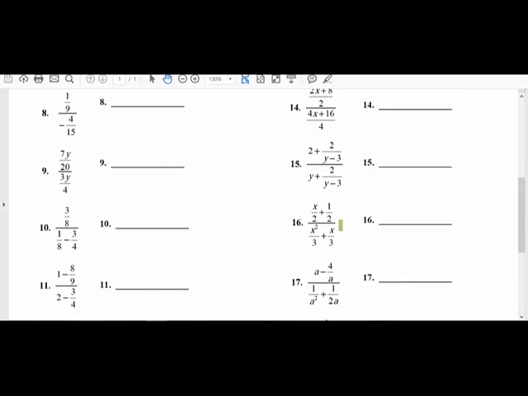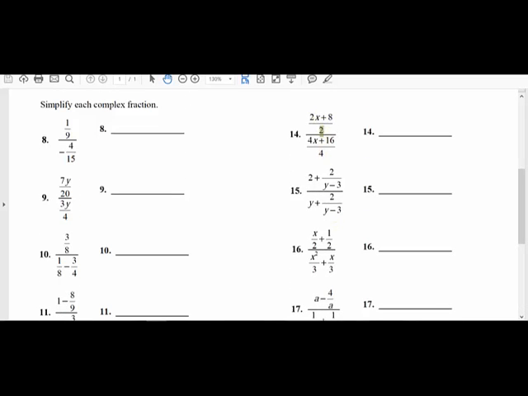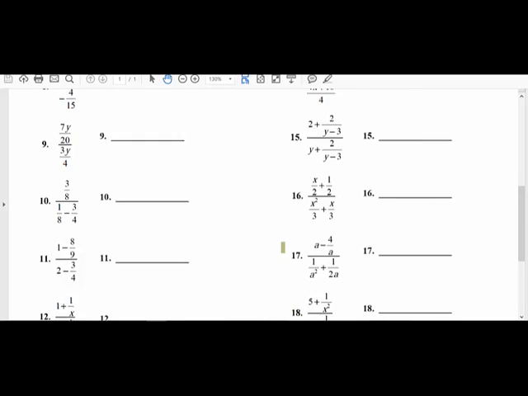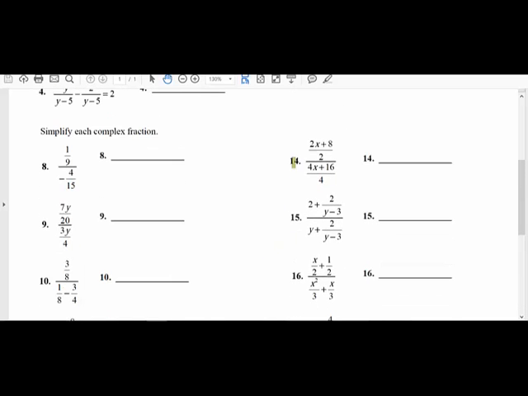So 8, 9, 19, and 14 are the best ones to use with copy dot flip with method 1. The rest of them, it's better to use the multiply all the terms on top and bottom by the least common denominator. But that is simplifying complex fractions 101.